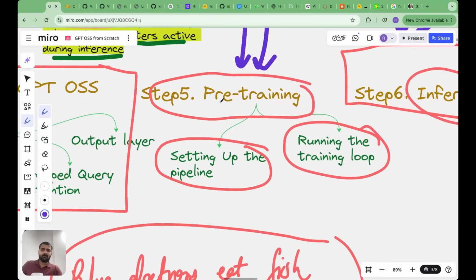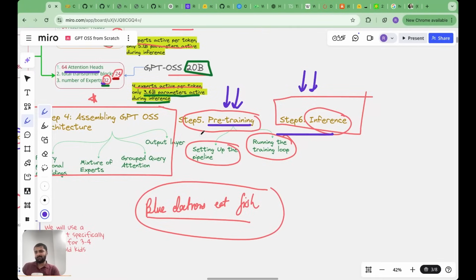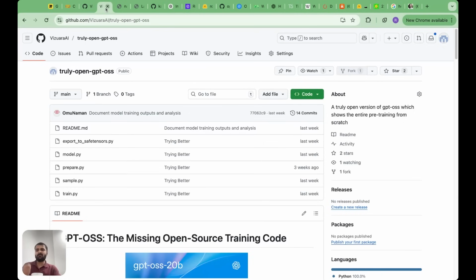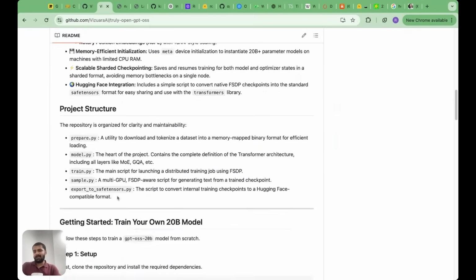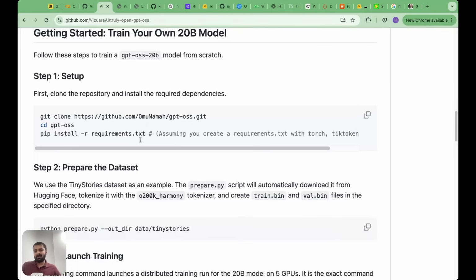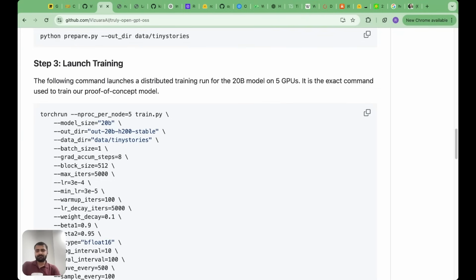Then pre-training, of course, we saw the pre-training pipeline and the inference pipeline. And we got decent results with nano-GPT-OSS. With the truly open GPT-OSS, we are still yet to get there. But this is one architecture which has 20 billion parameters, and you can run it on your own by assembling 5 H200 GPUs on RunPod.